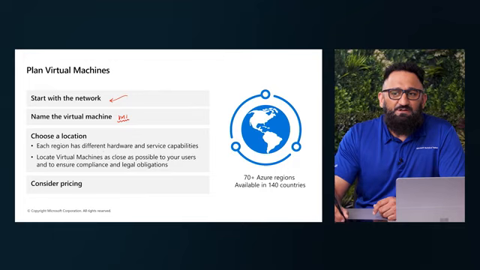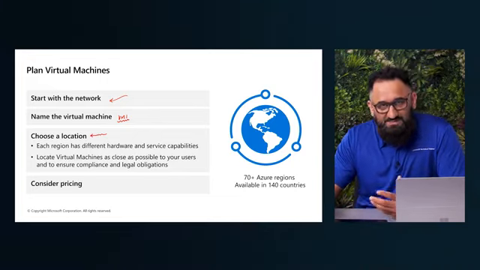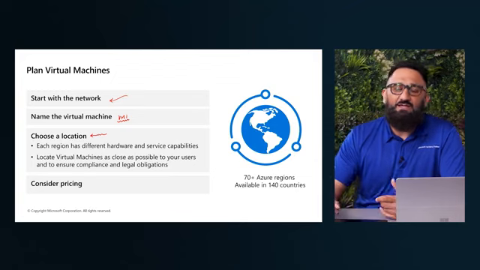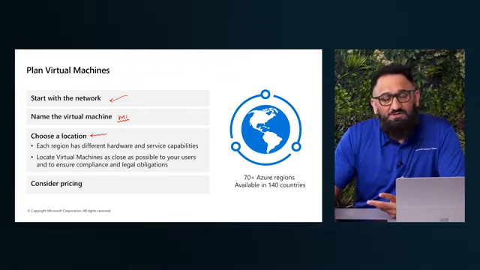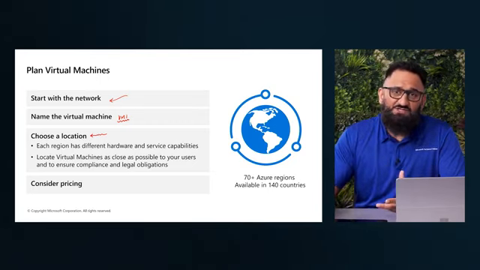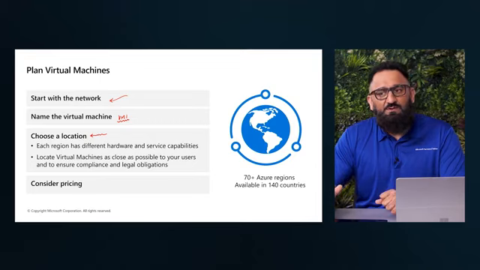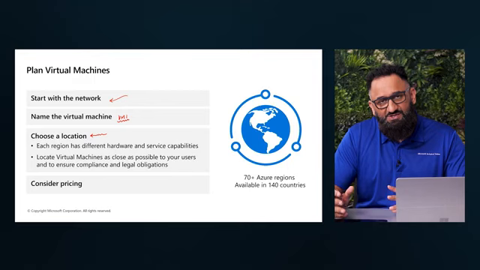Then comes the basic setup that we typically talk about, which is choosing your location. Now, this becomes very, very important, as we mentioned before, when we were looking at the core architectural components of Azure. We mentioned that locations or regions are important, simply because certain solutions are only available in certain regions.